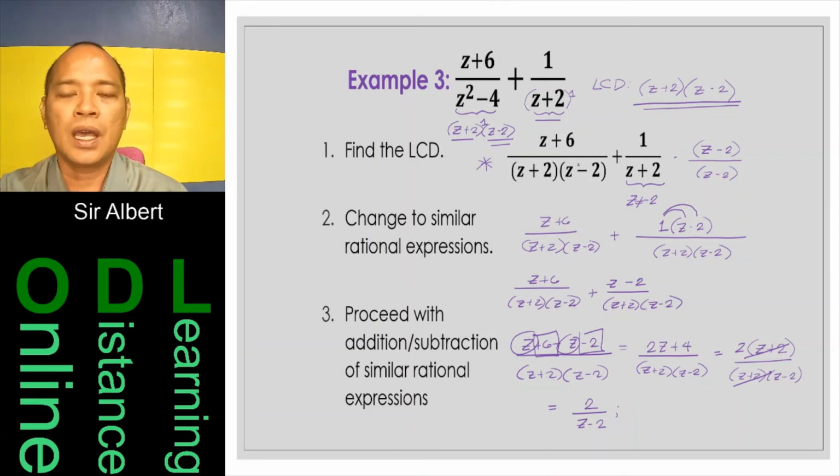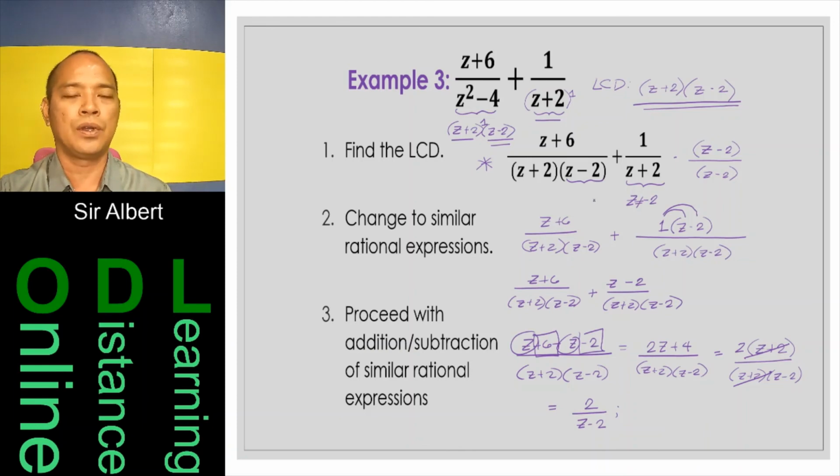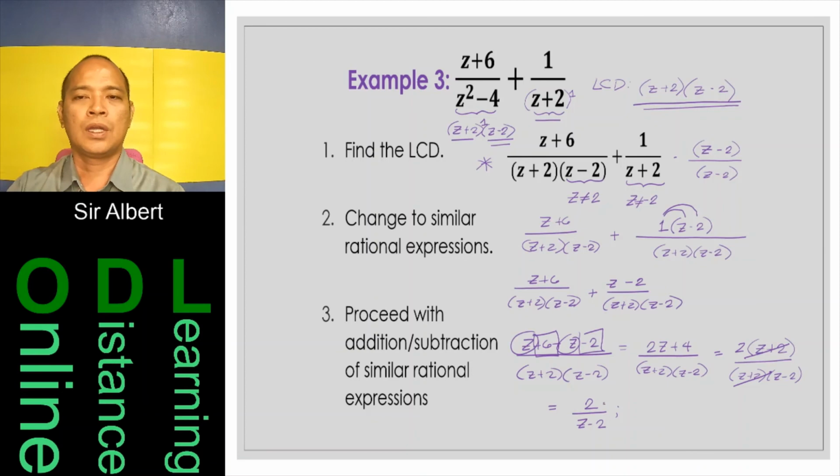But take note that in this denominator, we also made use of the factor z minus 2. For this denominator not to be 0, then z should not be equal to positive 2. That means that we have two restricted values for the variable z. So we write our restriction as z should not be equal to negative 2 and positive 2. Here then is our final answer.